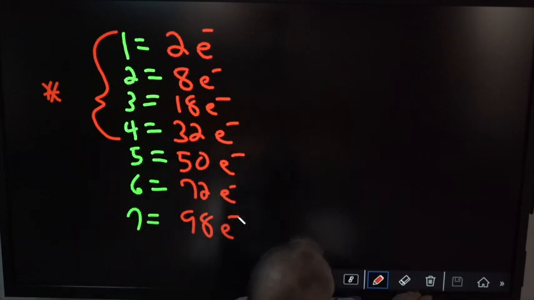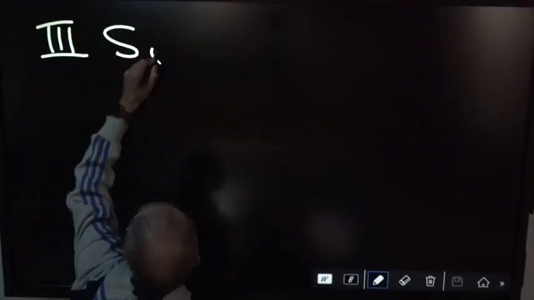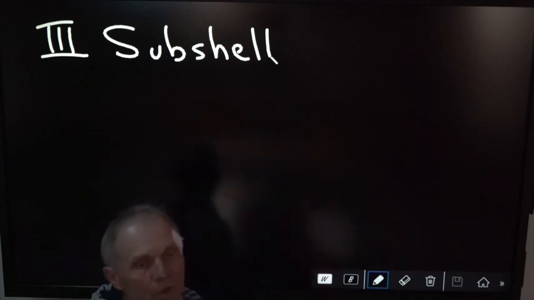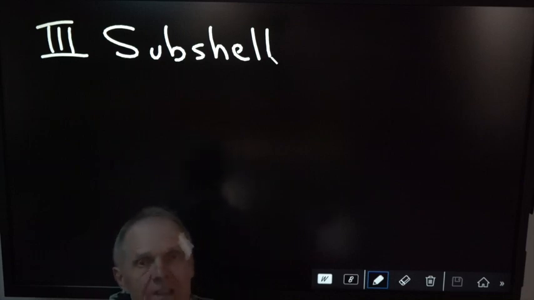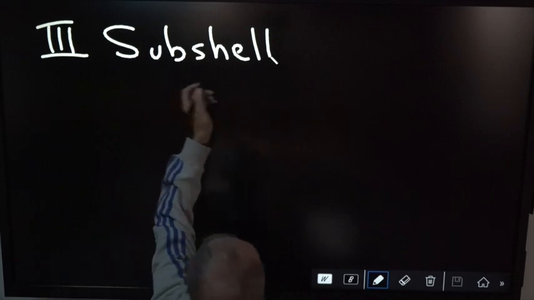So, Roman numeral 3 is subshell, or sometimes they call it a sublevel. Because you have energy levels, then you have the level below an energy level, and that's called a sublevel or subshell.